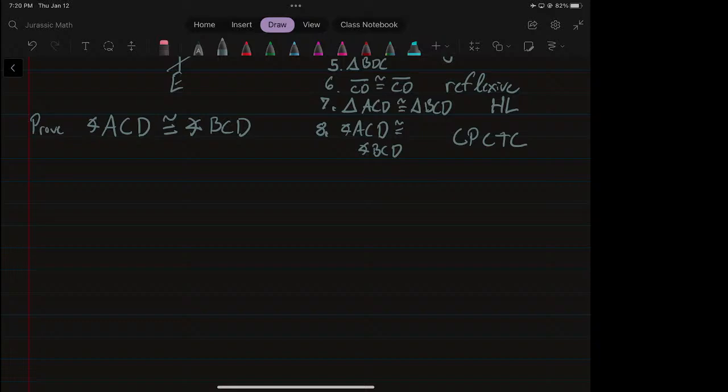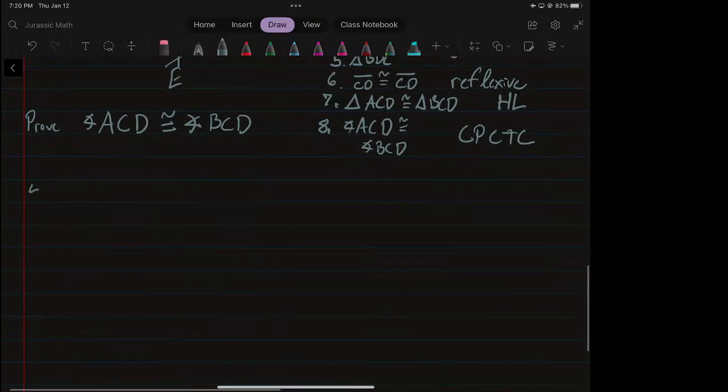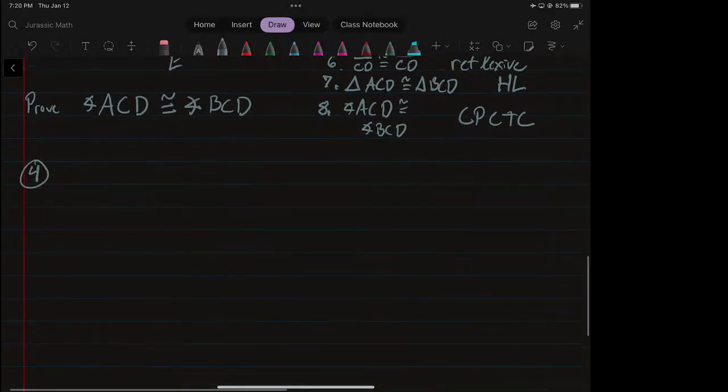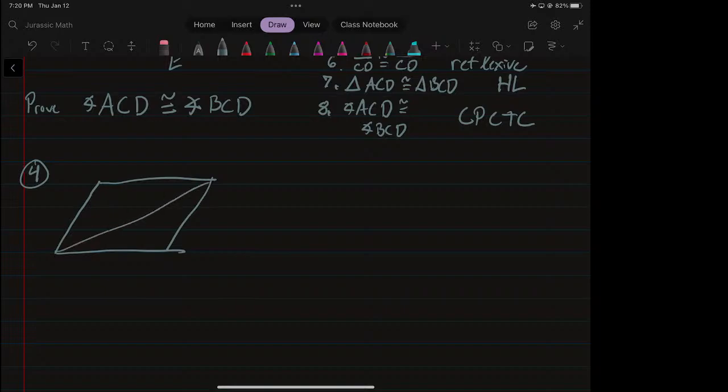So the only problem I have with that last picture, I need the bottom of the proof. What do I prove? So, question number 4. We have a beautiful picture, and if I don't know what I'm proving, there are so many different things in this one.